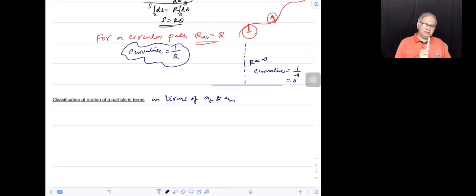I'll give you the clue. You try to understand it, try to name it and identify it. A tangential is 0, A normal is 0. The first kind. Could you tell me what kind of motion it is?